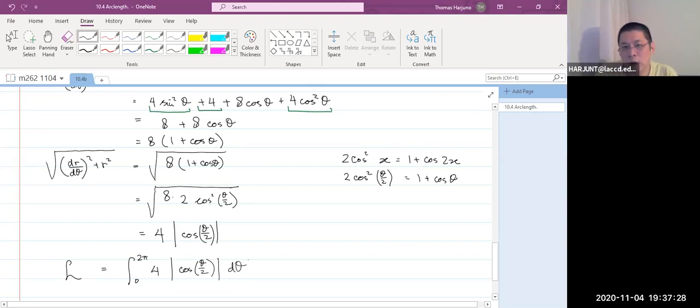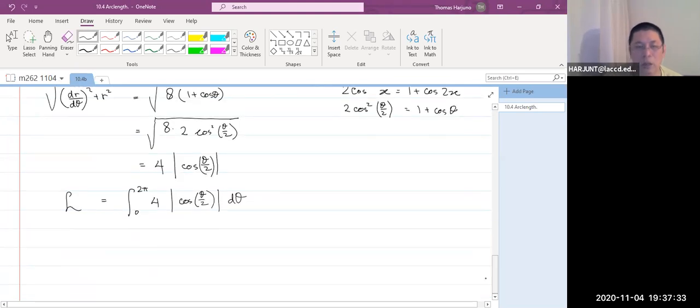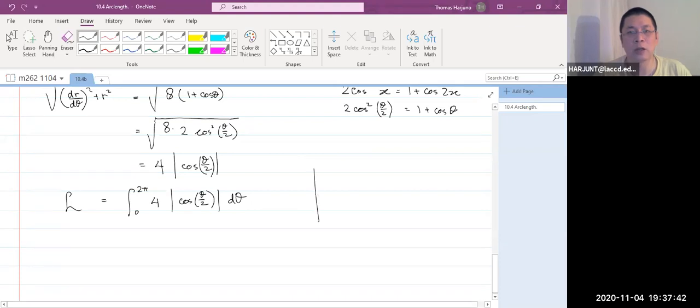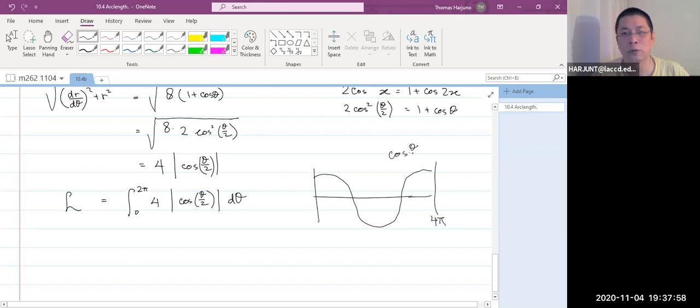Now notice that if I don't use absolute sign there, the integral will be 0. Why? Because cosine theta over 2 has period 4 pi.